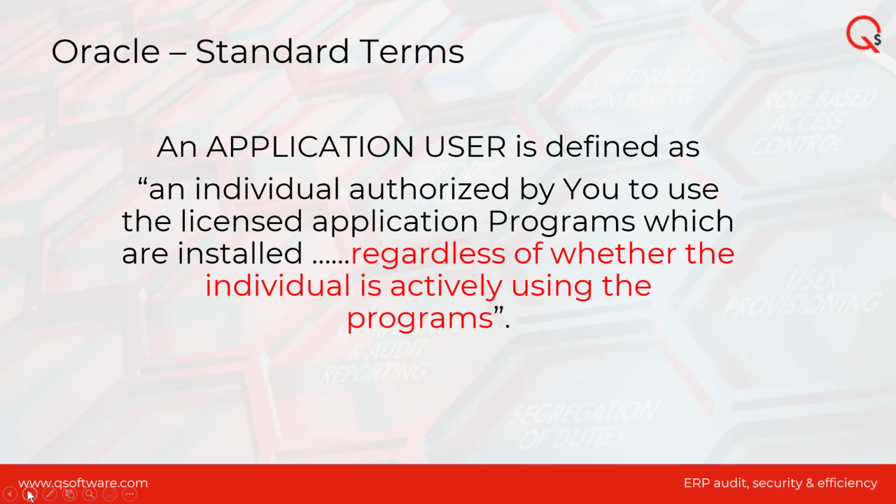If you take this clause as the legal requirement, it means that if user A has access to the inventory module but hasn't actually used it because they're not in that part of the business, you need a license for them.